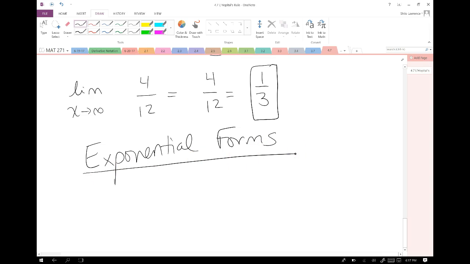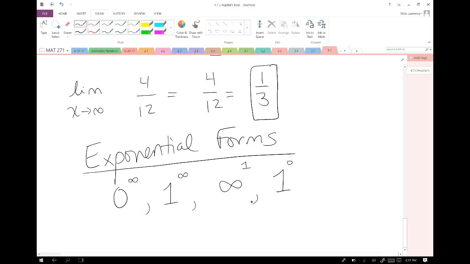And pretty much any way that you could take zeros, ones, and infinities and write them in an exponential format is going to be an indeterminate form. So 0 to the infinity, 1 to the infinity, infinity to the 1, 1 to the 0.